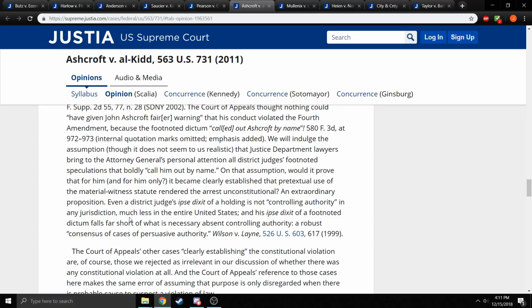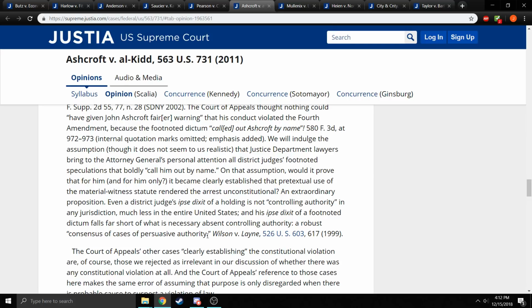Hint, hint, Granite State. Your district judge's opinion in, oh God, what the hell's the name of that case? The Veritas decision is not controlling authority. It's persuasive. Falls short of what is necessary absent controlling authority. And it defines controlling authority as a robust consensus of cases of persuasive authority.